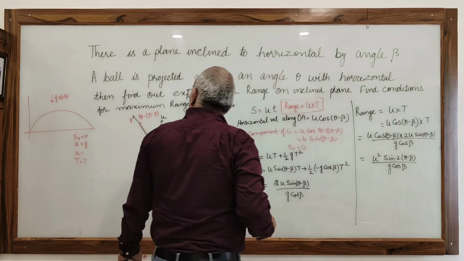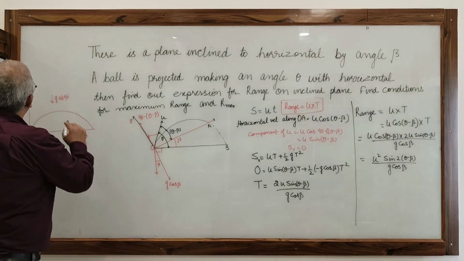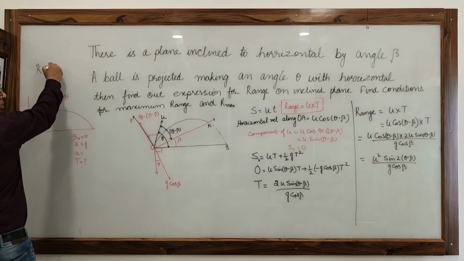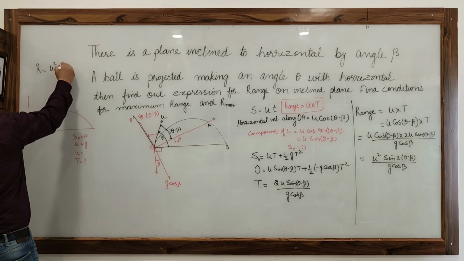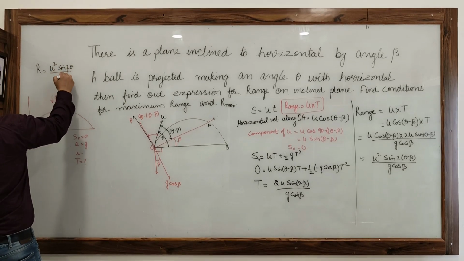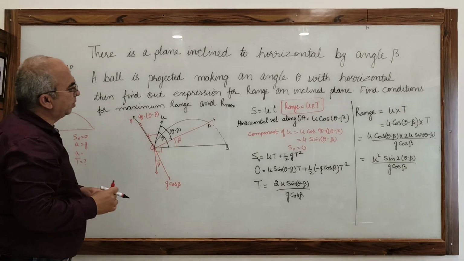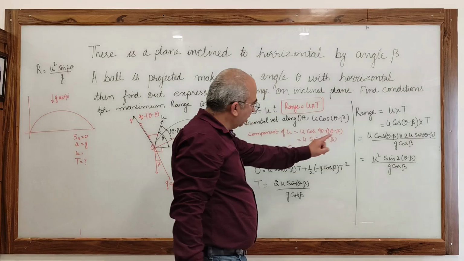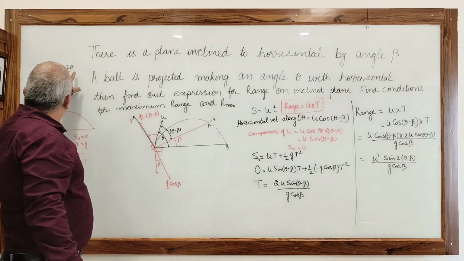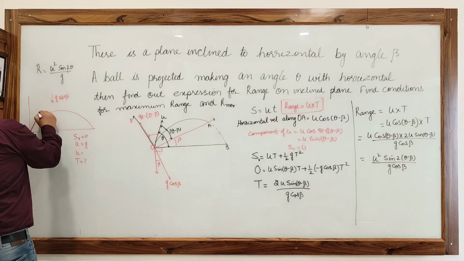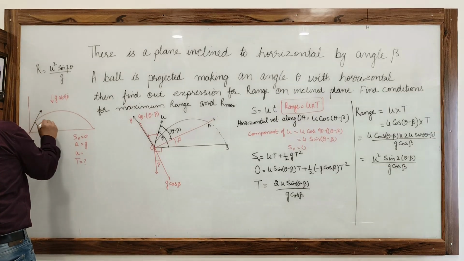If we consider range in the ordinary case, the formula is u square sin 2 theta upon g. The only difference is that because there is angle beta, here comes beta, and it is double the angle made by the projectile with the horizontal.